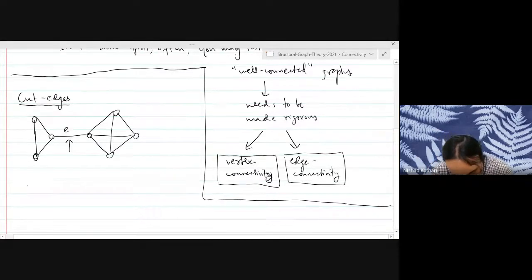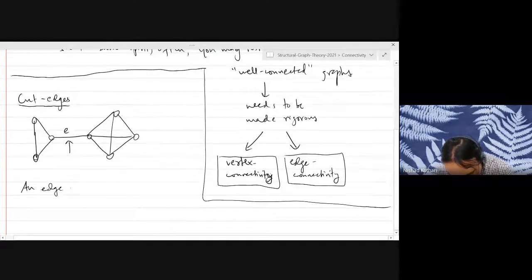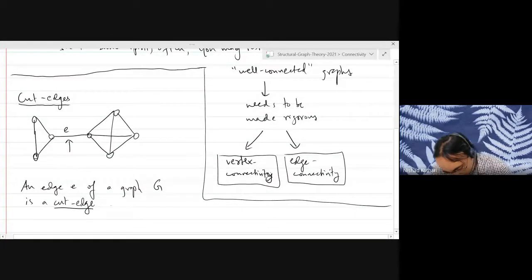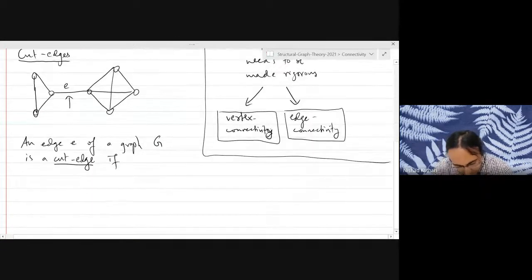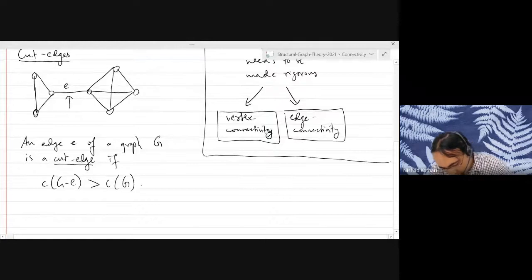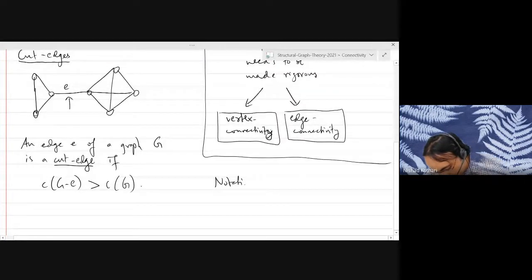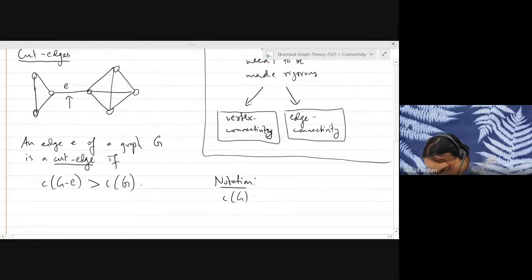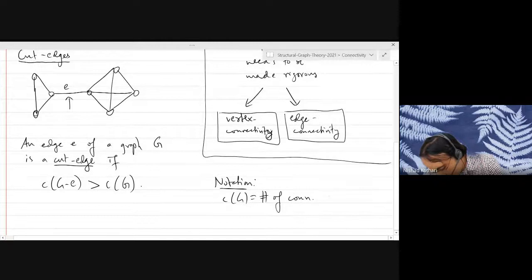So an edge e of a graph G is a cut edge if the number of connected components in G minus e is strictly greater than the number of components in G itself. So notation, in case I haven't defined this before, this is the number of components of the graph G.